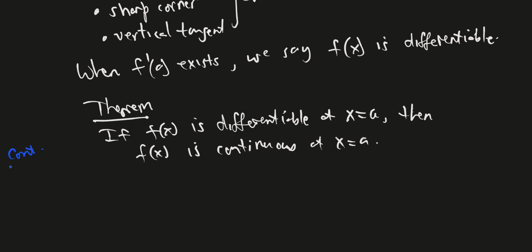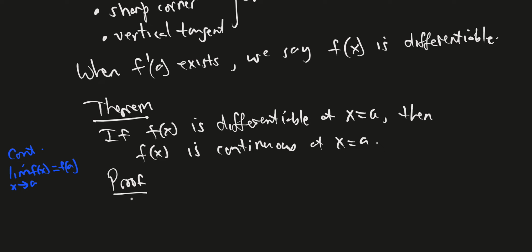Continuity says that the two-sided limit as x approaches a of my function is the same as the function value. So what we're going to do is assume that the function is differentiable and then conclude that this has to be true. All right, so let's take a look at this proof.